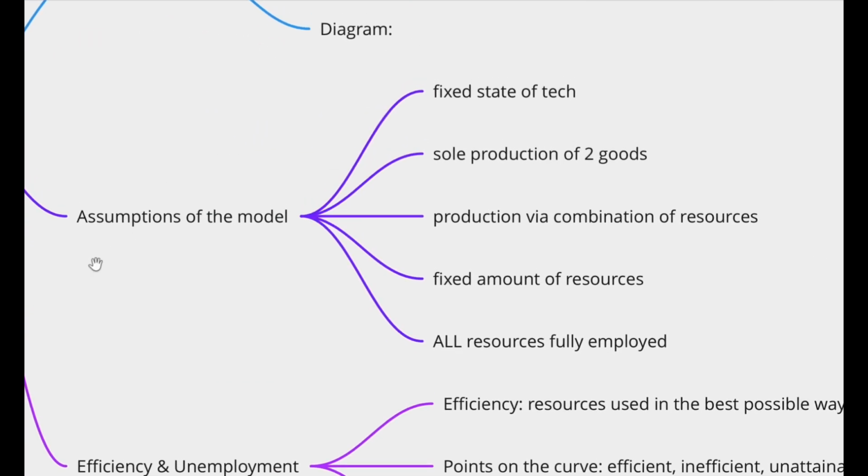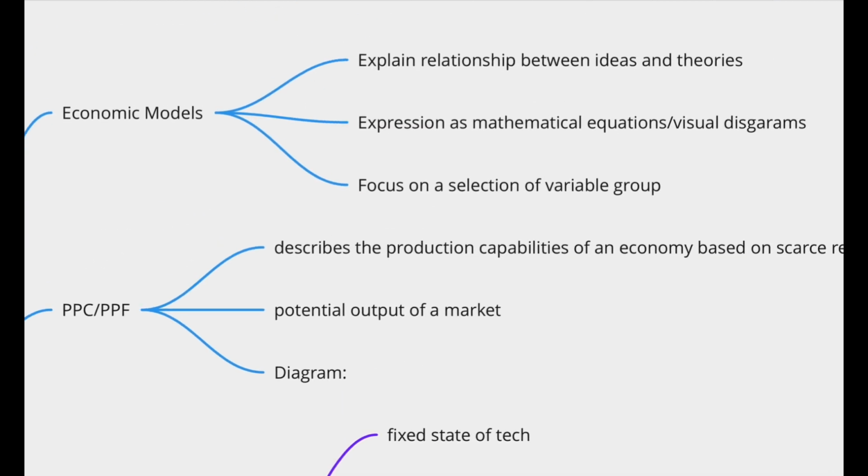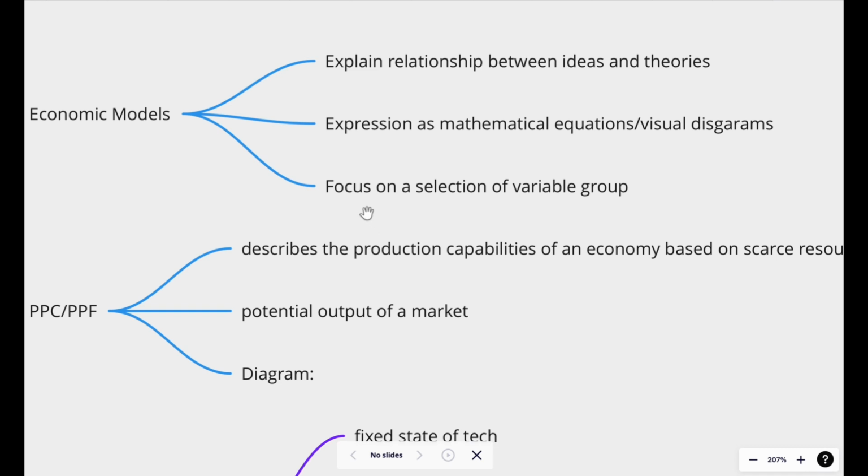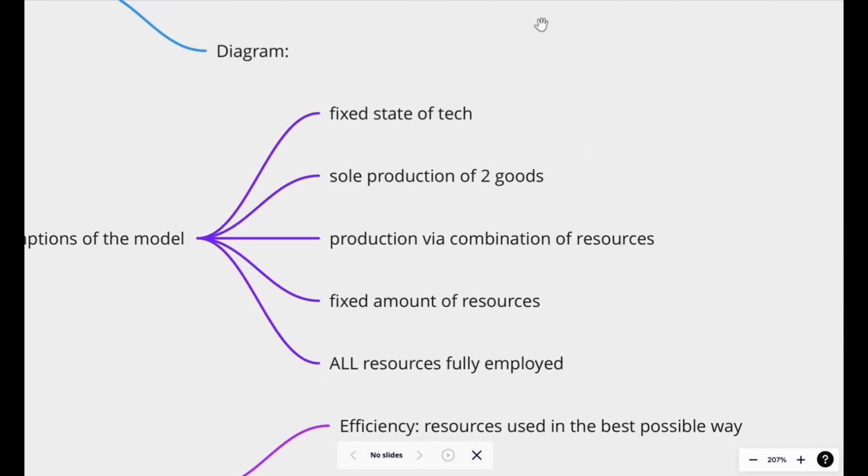Here we arrive at the assumptions of the model. As we mentioned earlier, economic models often have a selection of variables, and they leave out some factors from consideration. So in the PPC, the assumptions include that the state of technology at the moment in time is fixed.